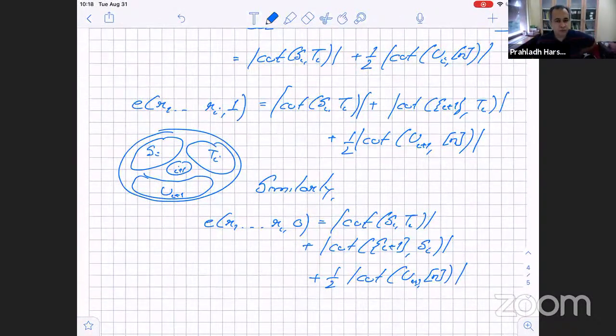This is the same linearity of expectation argument. Look at it carefully. Look at all the different types of edges. Some edges are within SI TI, some edges are going between I plus 1, and so on. Questions so far?